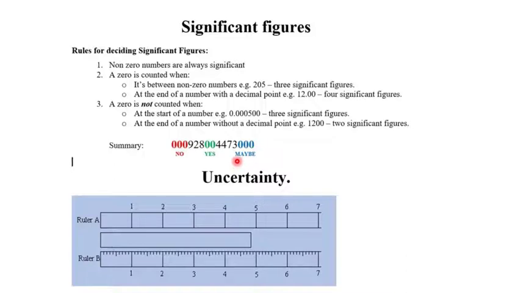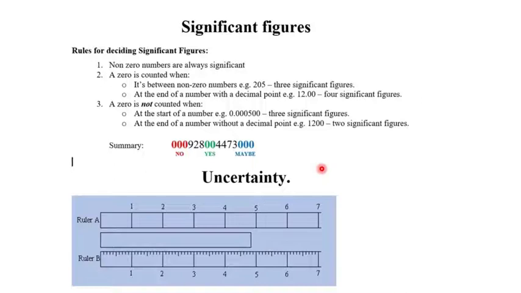You'll only include them if there's a decimal point somewhere in the number. It could be further to the left, or it could be further to the right, but it's got to be there. If it's not, then we don't include the zeros at the end in blue. So never include them, always include, and only include if there's a decimal point. You can look at your Chem Talk videos for more examples on this kind of thing.